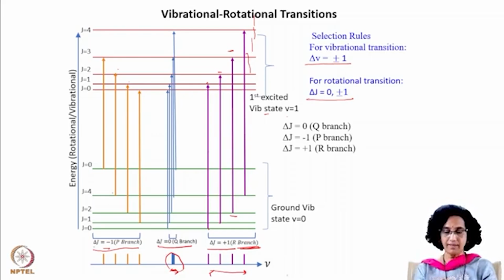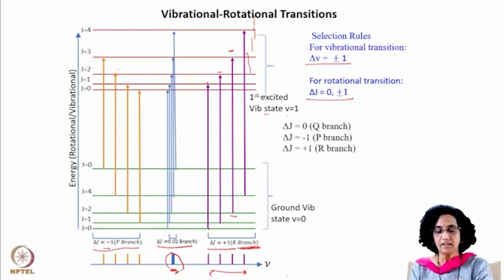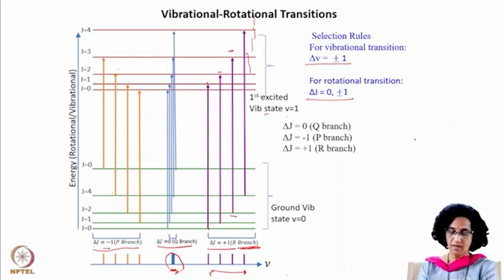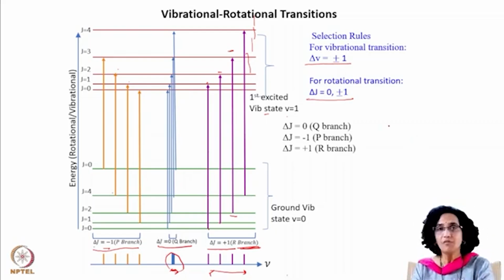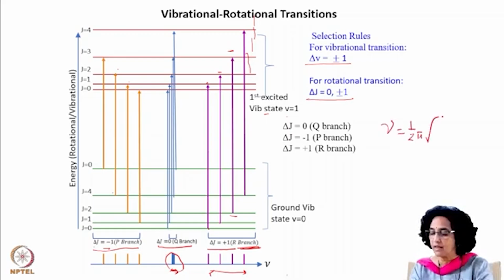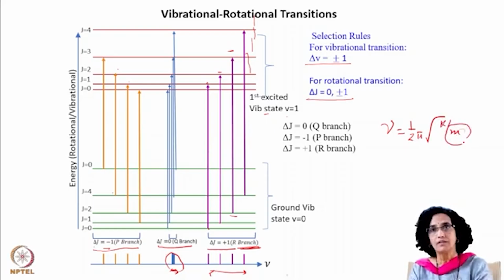Now, at this point, I would just like to say that these vibrational rotational transitions are considered to be the fingerprint of a molecule. Why so? Because each molecule will have its own frequency of oscillation, the nu, which is dependent on the molecule.